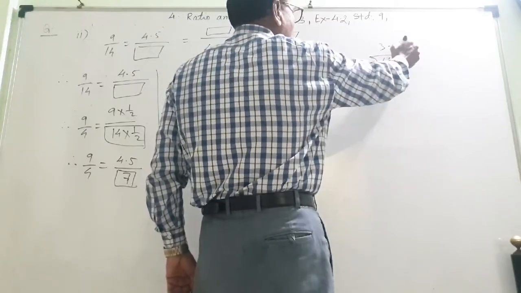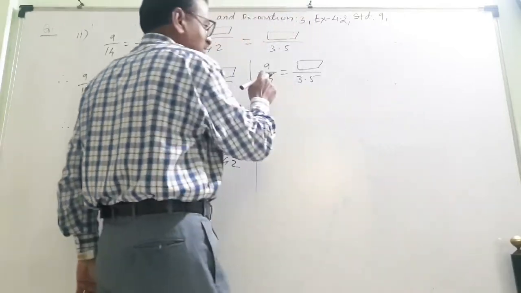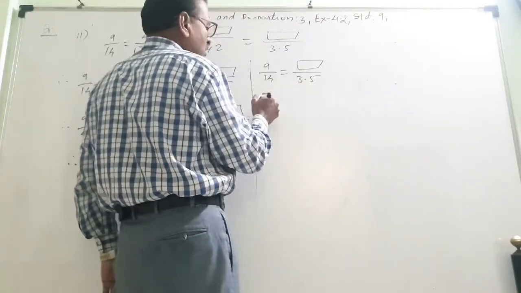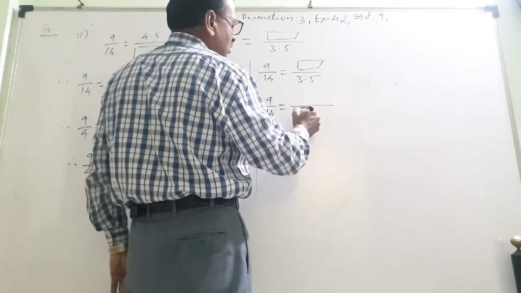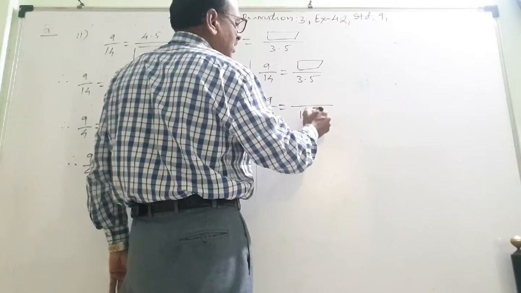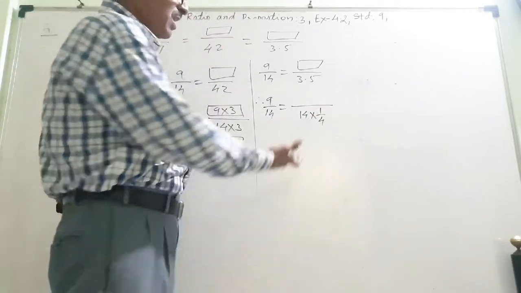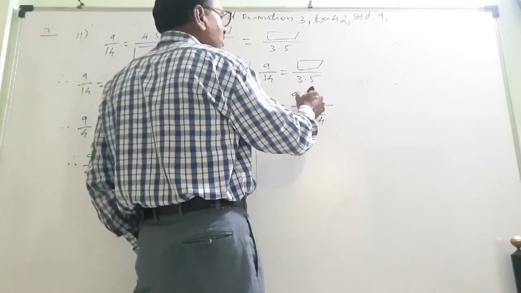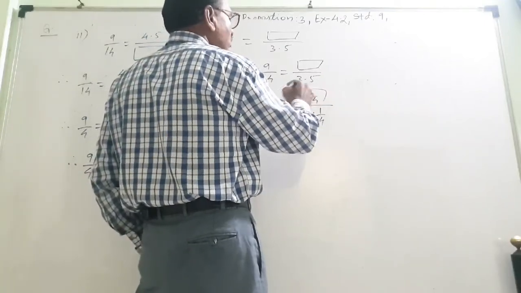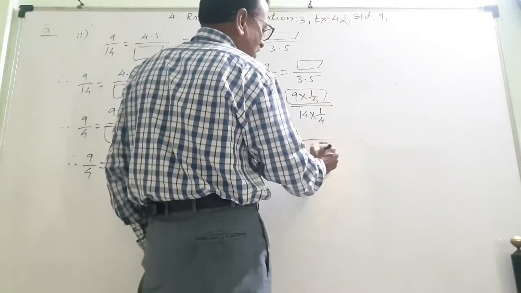Decimal 0, 4 5s are 20, 3.5 means 14 is divided by 4. Therefore, 9 upon 14 is equal to, this is 14 into 1 upon 4. Divided means into. So this also should be 9 into 1 upon 4. So this is coming to be 3.5.